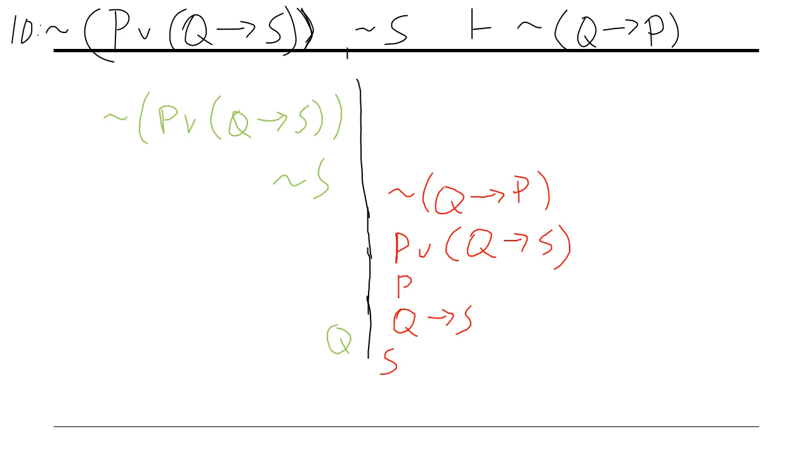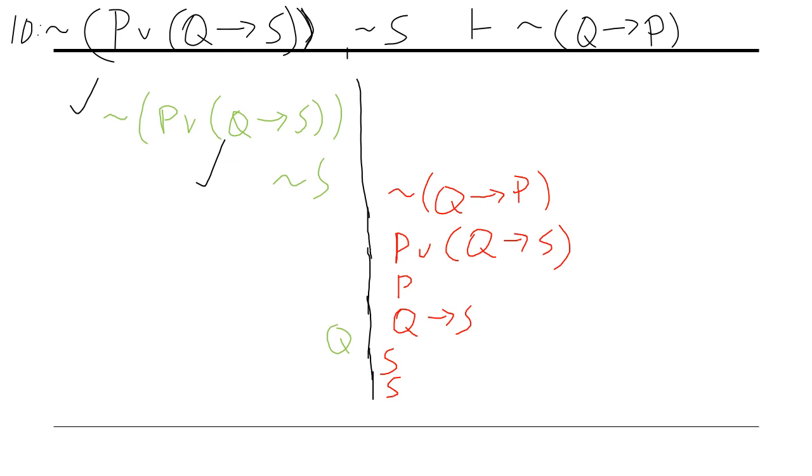Left side's true, right side's false. So now that's everything we need to do for that. Now we need to flip our tilde S across the way. So that's that one.